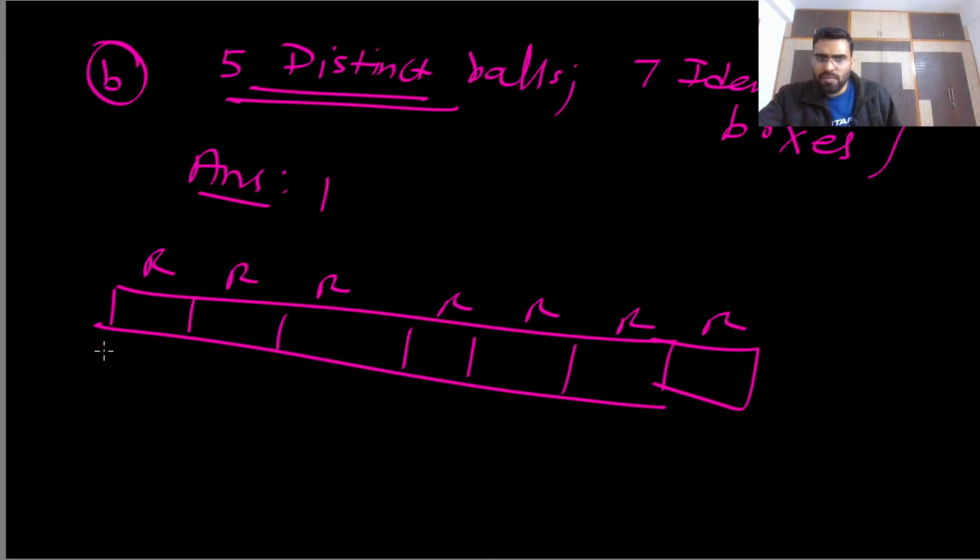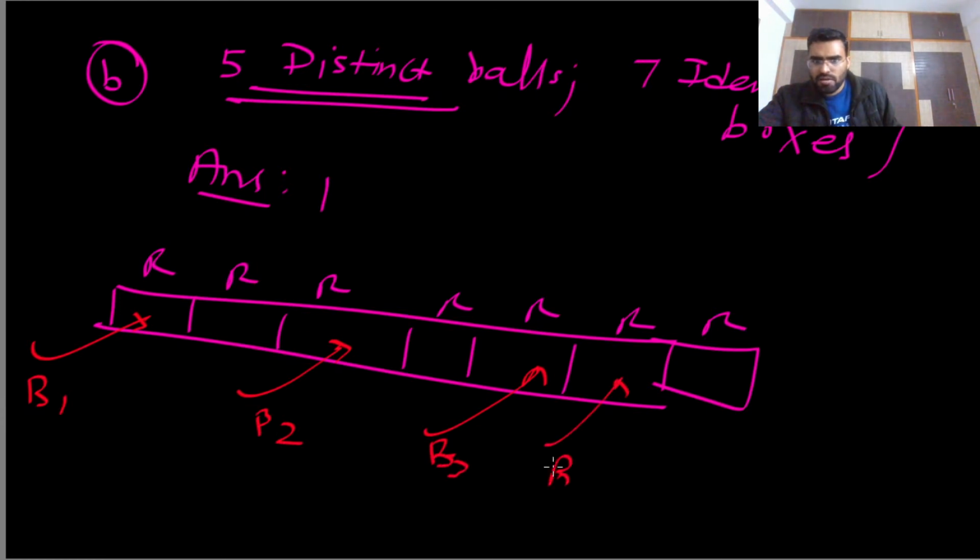For example, you can put ball B1 here, B2 here, B3 here, B4 here, and B5 here. It does not matter in which box you are putting. That is the reason the answer is 1, because all the boxes are the same and each box must have at most one.